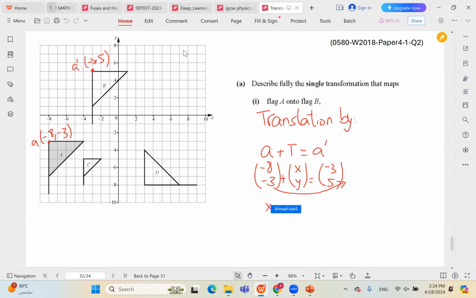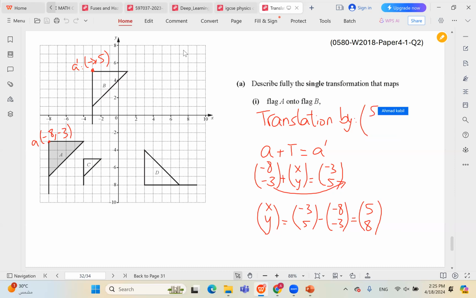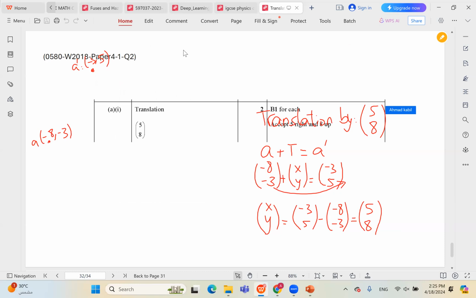So XY equals -3 and 5 minus -8 and -3. So -3 minus -8, this is +5. 5 minus -3, this is +8. So it's a translation by +5 and +8. And this is the correct answer as well.